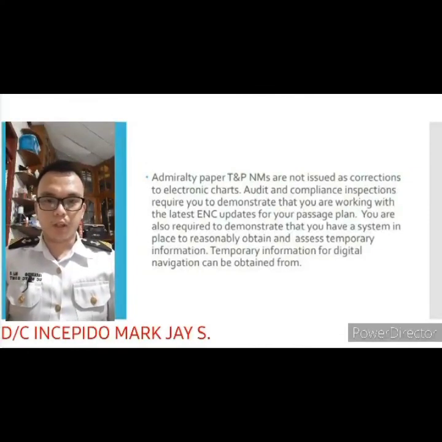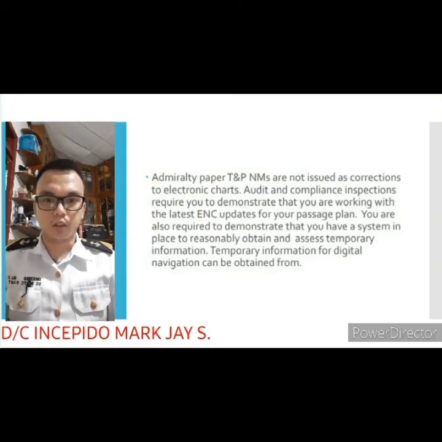Admiralty paper T&P NMs are not issued as corrections to electronic charts. Audit and compliance inspections require you to demonstrate that you are working with the latest ENC updates for your passage plan. You are also required to demonstrate that you have a system in place to reasonably obtain and assess temporary information.